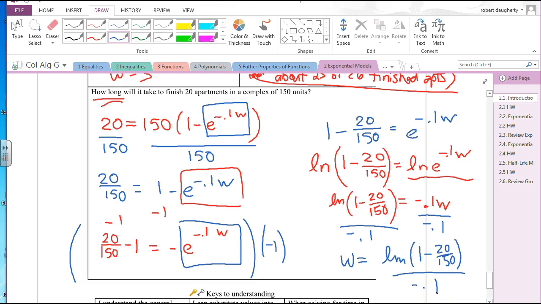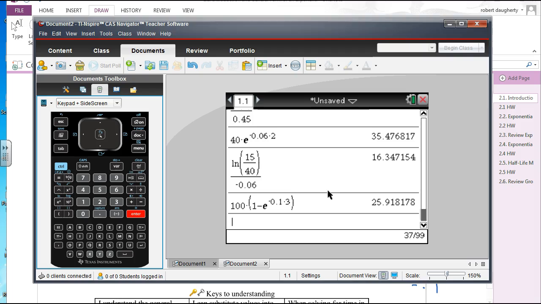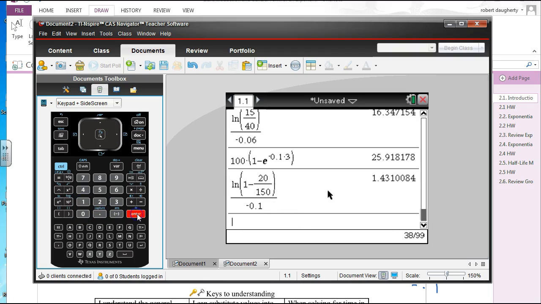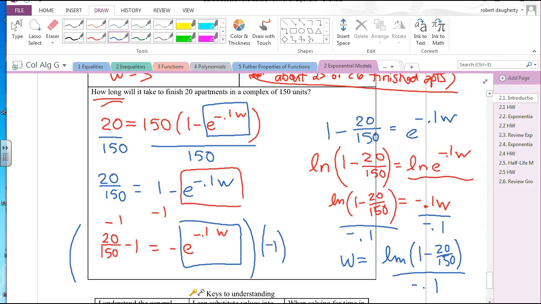Off the top of your head, does anyone know what that is? This is me being facetious. Okay. Danny? So the natural log of 1 minus 20 over 150, all right, divided by negative 0.1 equals 1.43.